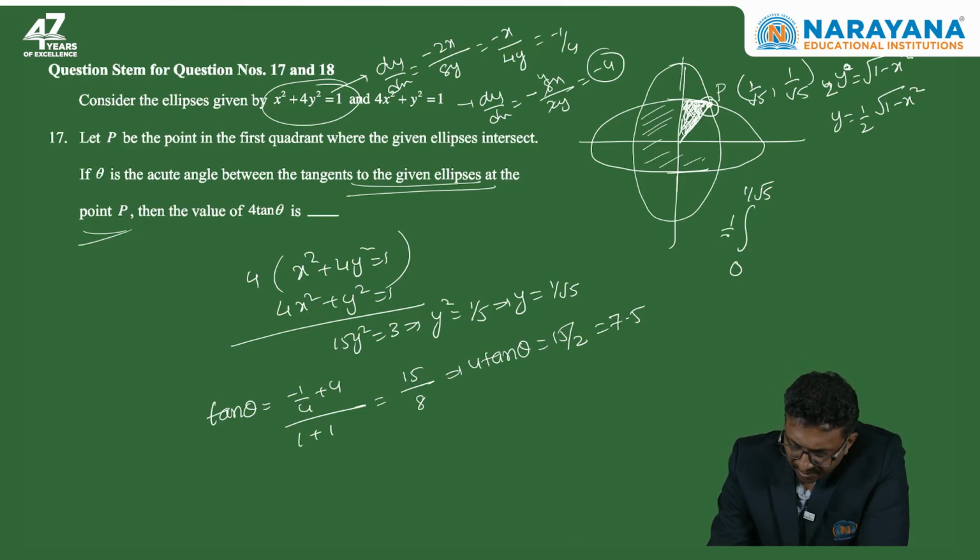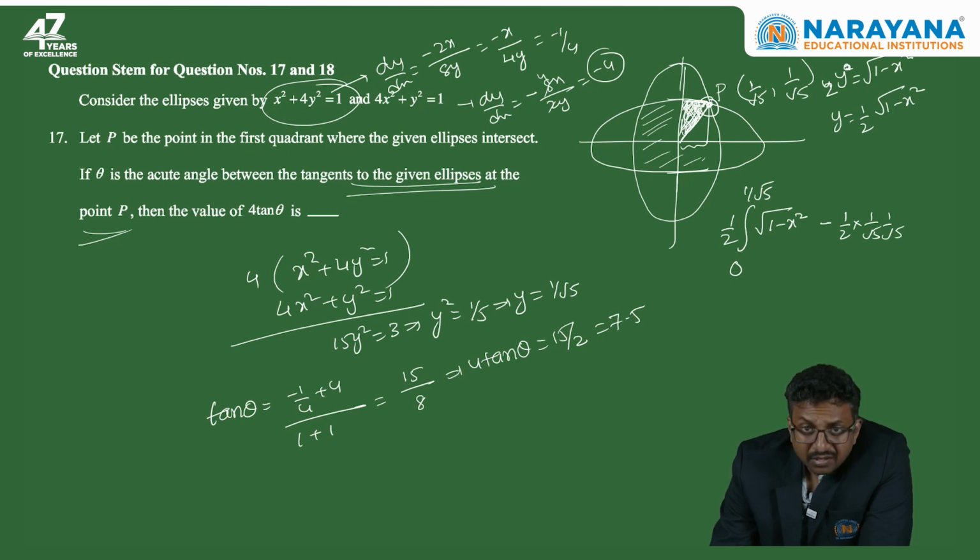So this is the total area. You have to subtract the triangle area from this. The triangle area is half into 1 by root 5 into 1 by root 5. So area under the horizontal ellipse minus the triangle.